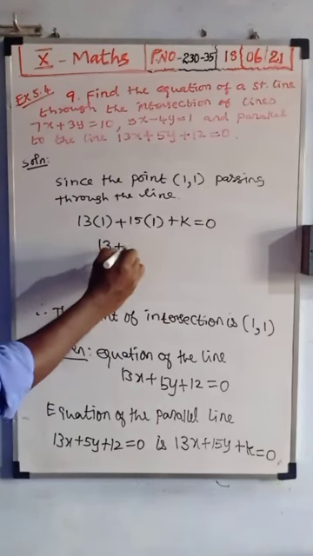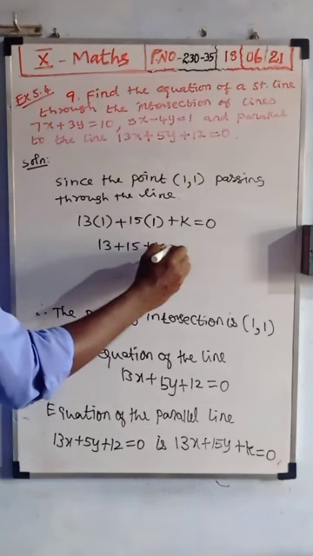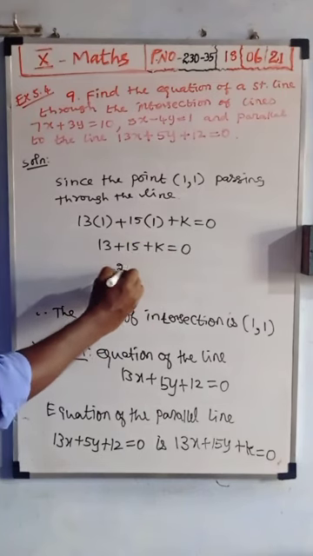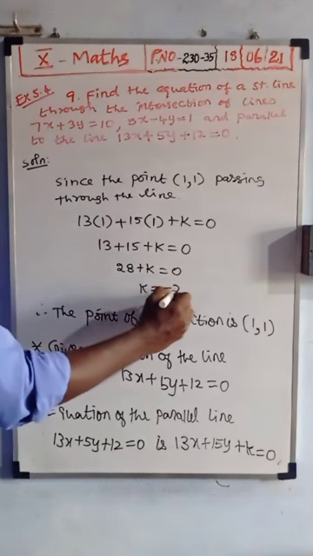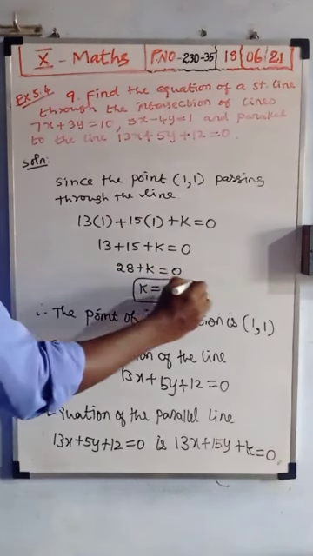Now 13 plus 5 plus k is equal to 0. So 18 plus k is equal to 0. Therefore k is equal to minus 18.